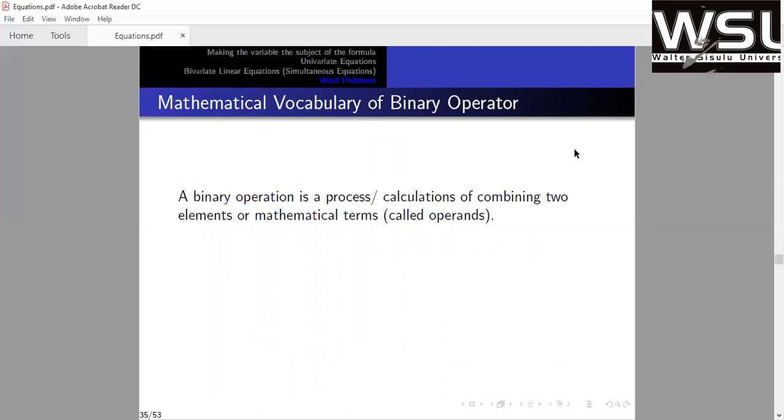When we say note what is needed, what we mean is we have binary operators, which are used to combine two or more elements.